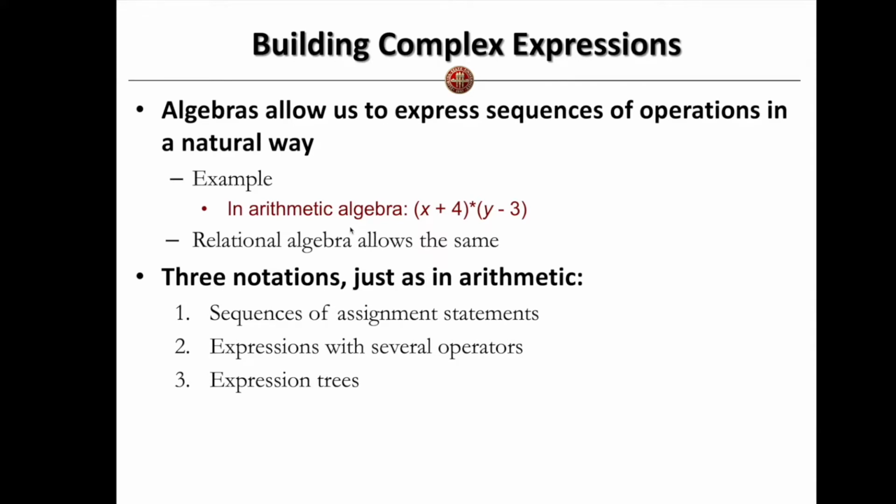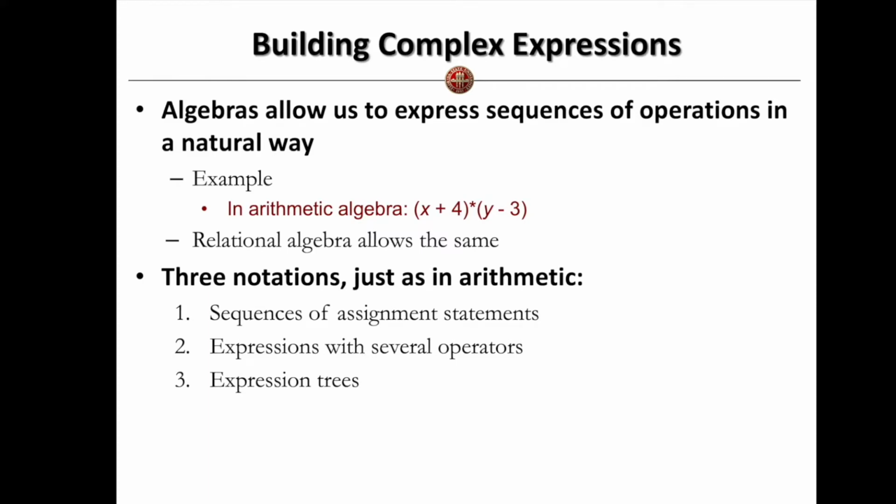In elementary algebra, we can represent an expression in this way: we calculate (x plus 4) times (y minus 3). I think you know what this means, right? It means we calculate x plus 4 first, and then y minus 3 second, and further multiply the results together. This is what this expression means in elementary algebra.